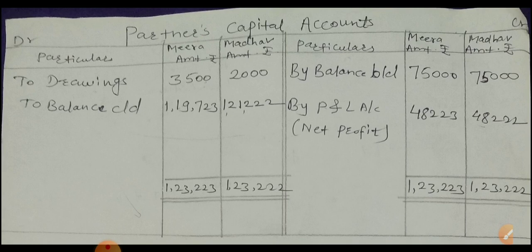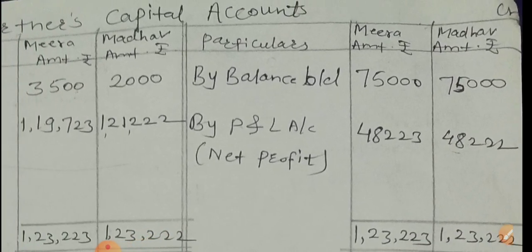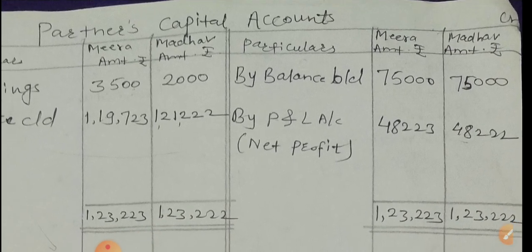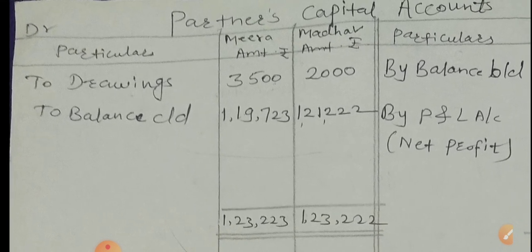Then the amount of net profit will be added to partners capital. That's why in the partners capital account on the credit side I have written by profit and loss account, and the amount of their share, that is 48,223 to Meera and 48,222 to Madhav. So remember that if we want to increase partners capital, the item will be credited to the partners capital account, and if the balance of the partners capital account is to be deducted, the item will be debited.